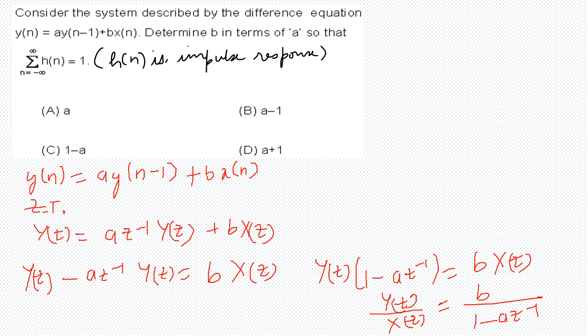Now what you can see is this is nothing but H(z), the z transform of the impulse response. So let us write Y(z) over X(z) is equal to H(z), and this is b over 1 minus a z inverse, the one we calculated earlier.